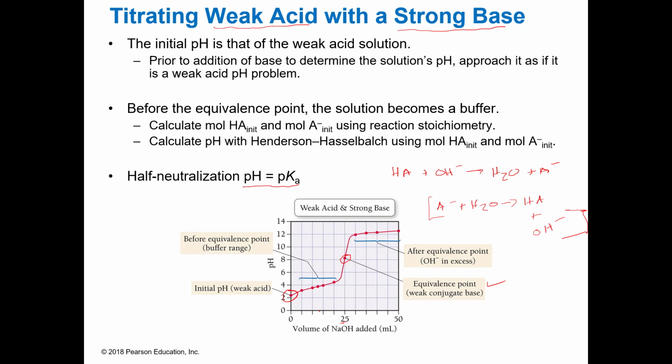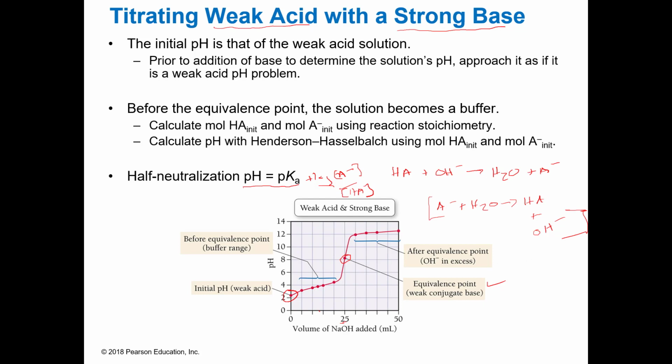And you notice that kind of looks like the Henderson-Hasselbalch. We have plus the log of the conjugate base concentration over the acid. So that's why that's important. These are both the same concentration, so we get the log of 1 and the pH equals the pKa. That's an important point.